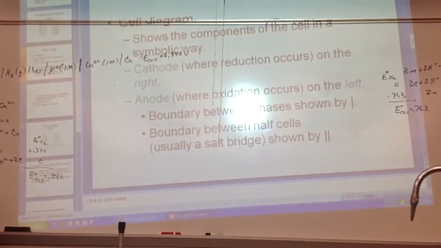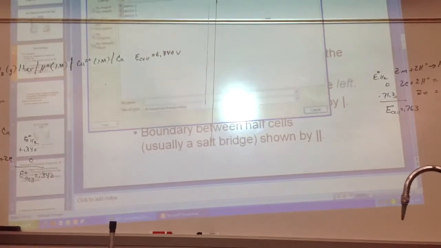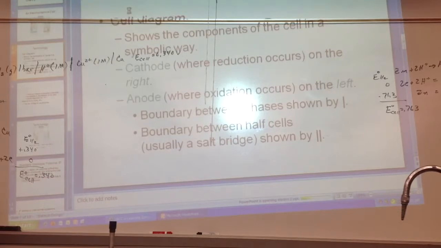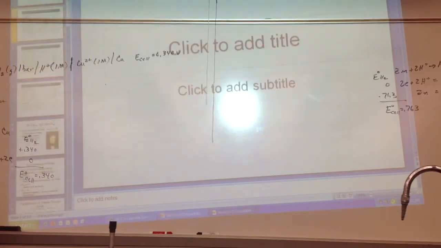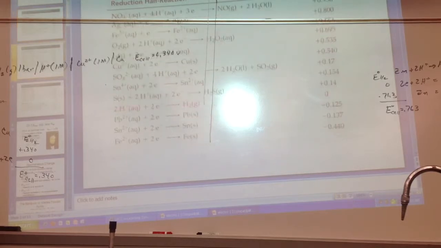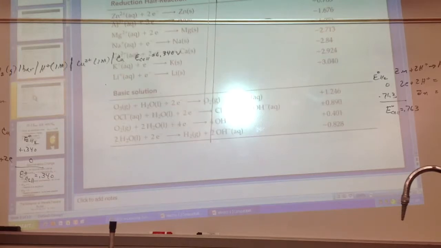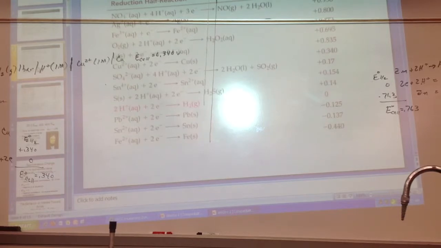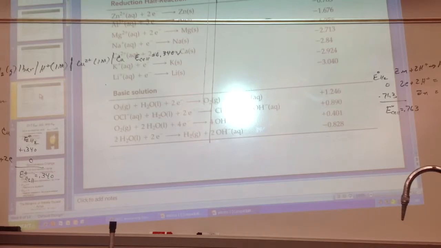Go to my next slide. Zinc there. Not a zinc anywhere. Where the heck's my zinc? Oh, did I miss it? No, they're there. The next slide. Oh, there it is, right up top.